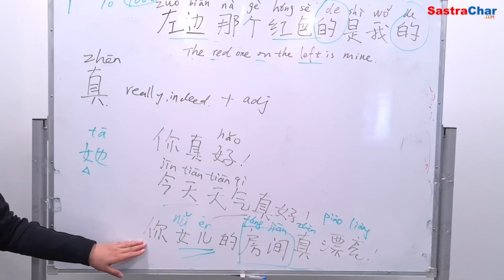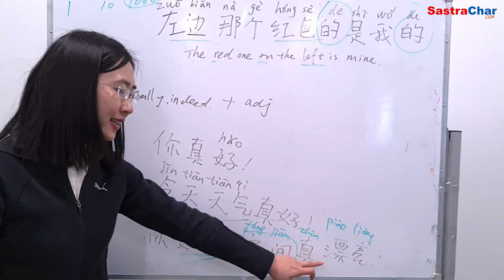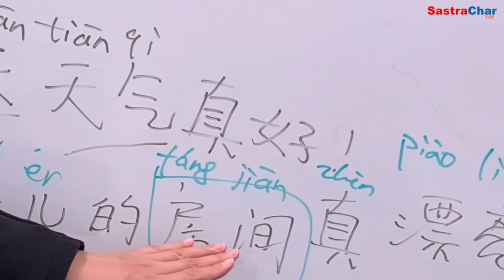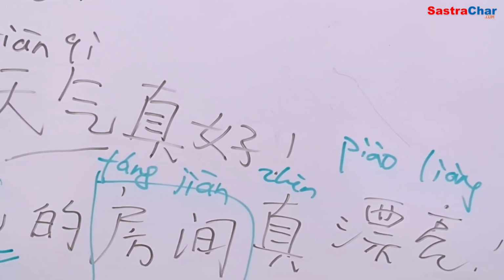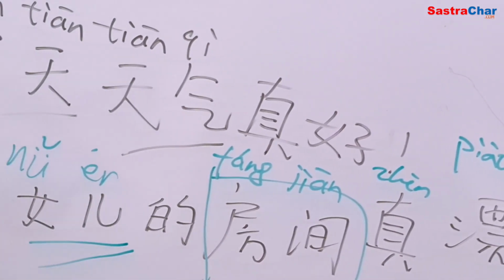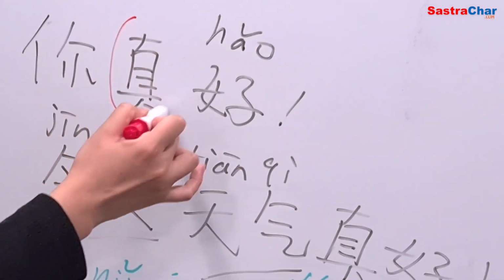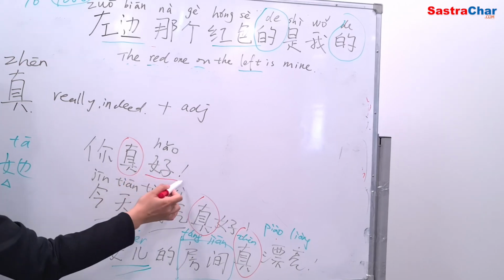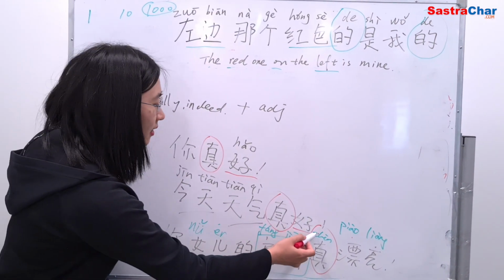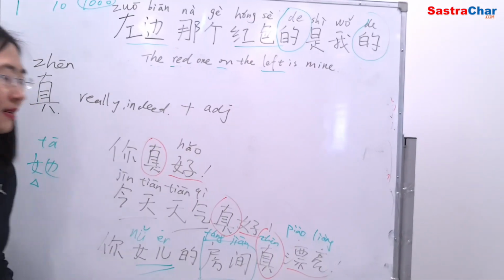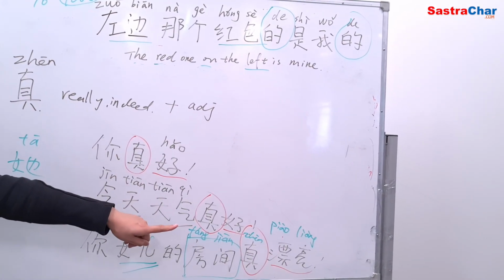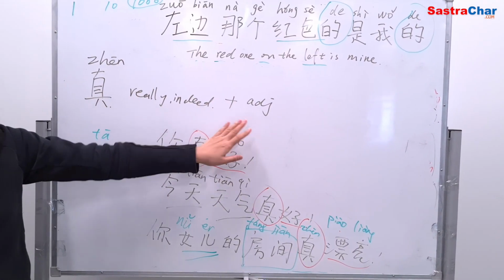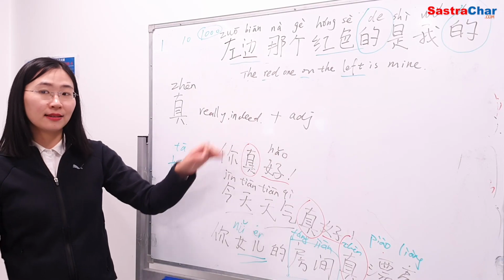So this sentence means your daughter's room is really beautiful. 你女儿的房间真漂亮. Right? So you can see all these 真 are followed by an adjective. Like here, 好 is good, 漂亮 beautiful is also an adjective. So 真 plus adjective means really adjective or indeed adjective.